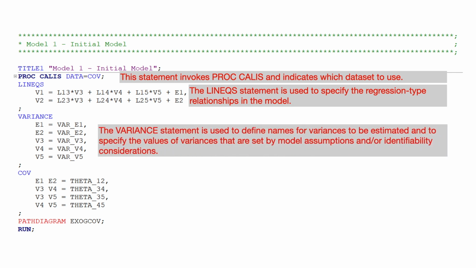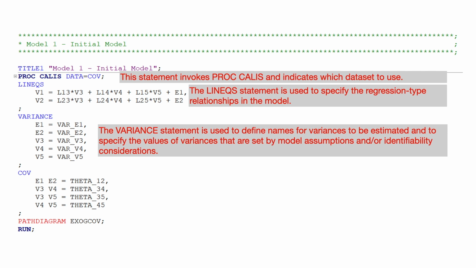The variance statement is used to define names for variances to be estimated and to specify the values of variances that are set by model assumptions and/or identifiability considerations. Now, in this particular model, we're not setting variances to any particular value. We're just providing names for the variances that we need to estimate. And so here the variance of error term E1 is going to be called var_E1.